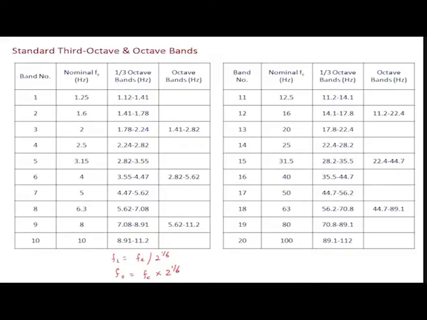For these different band numbers, FC is 10 to the power of band number divided by 10. First I have calculated the different band central frequencies. From that I have used these relations to compute upper and lower frequency limits, and then I see that each time the band number increases by 3, I get a factor of 2.